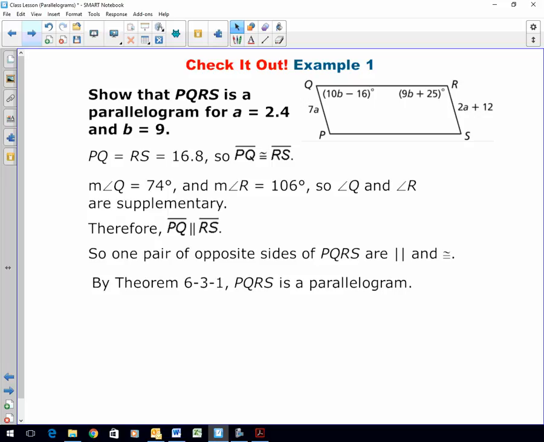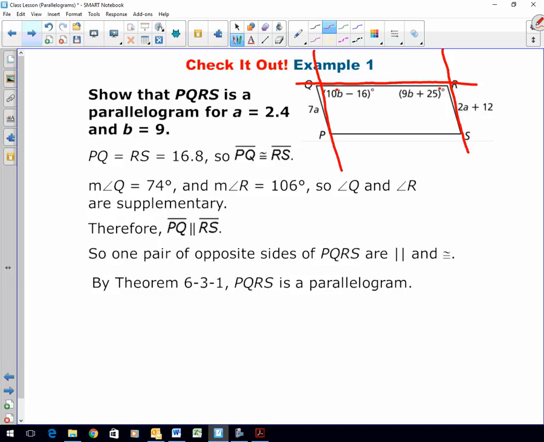Here's where I'm telling you, you have to understand transversals. If these lines are parallel to each other, and they are cut by another line, what would we call these two angles? Same side interior.